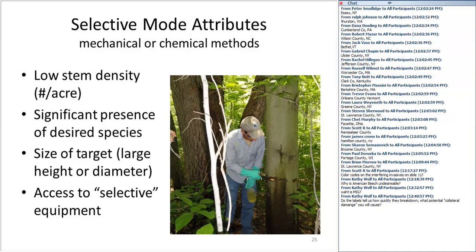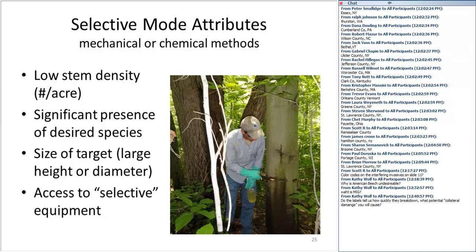Now, there may be other thresholds. If you have a high proportion of desirable stems mixed in, you may be willing to incur greater economic cost and bump up the number to 600 or 800 stems per acre, but that becomes very tedious and time consuming. Just be conscious that stem density is relevant, and that it's going to interact with the presence of desired species.